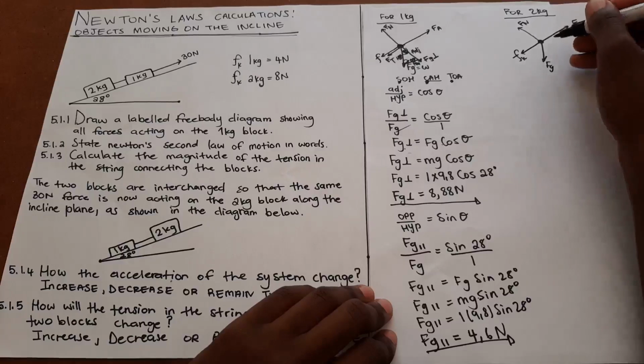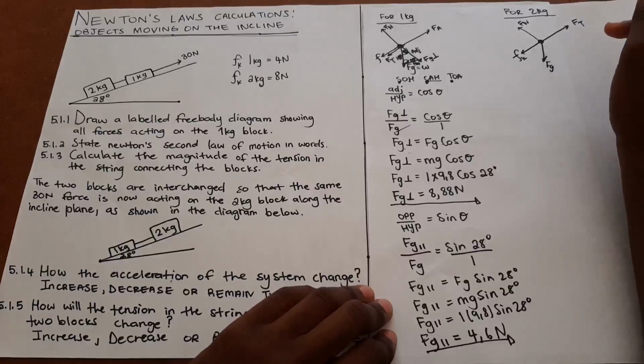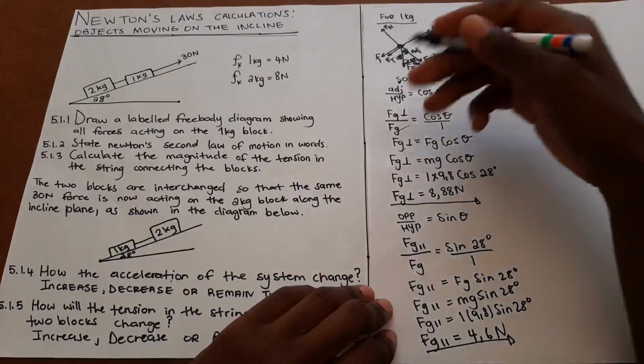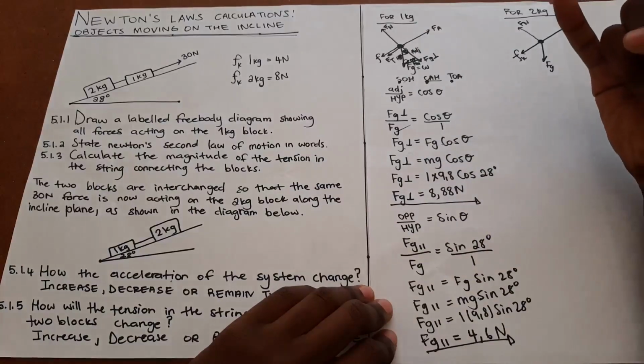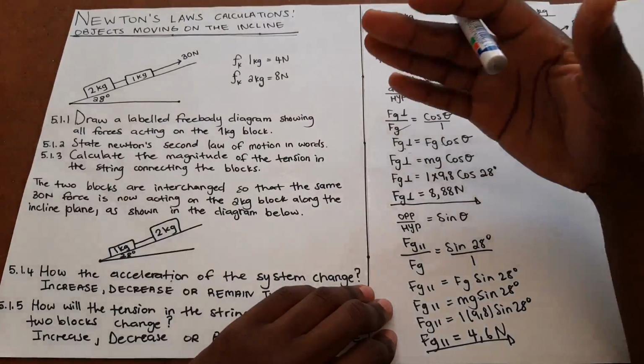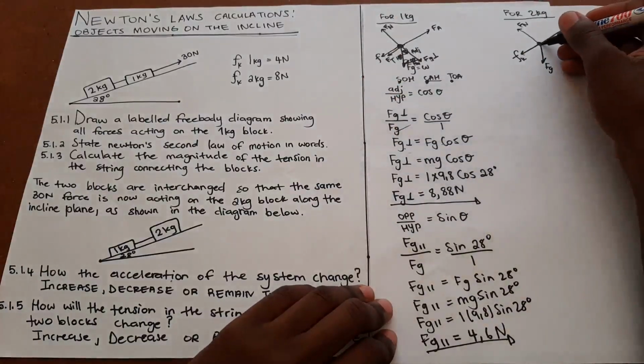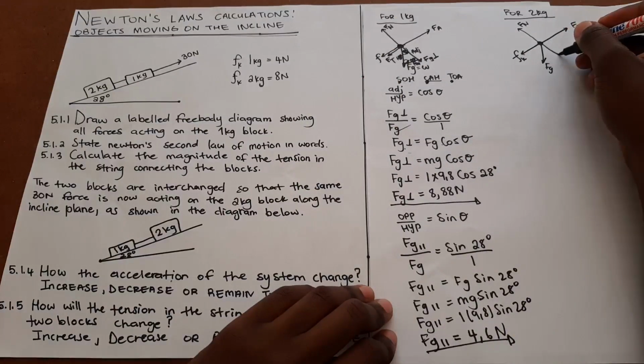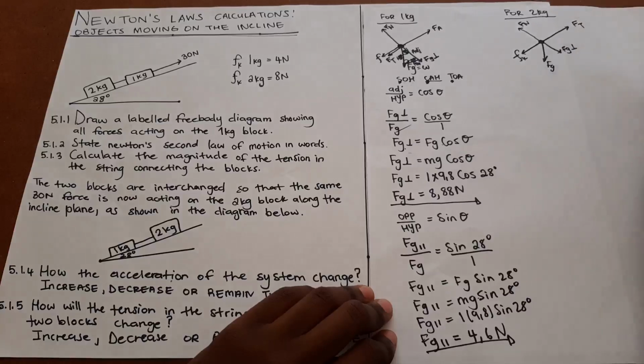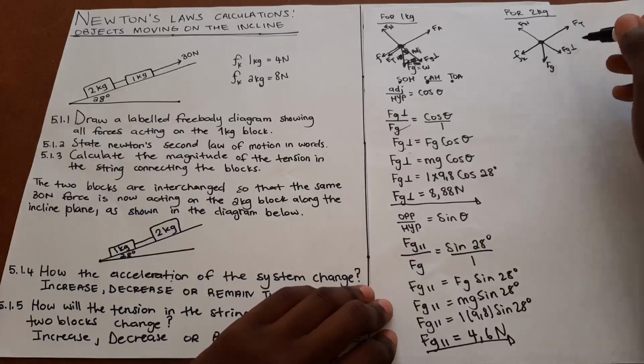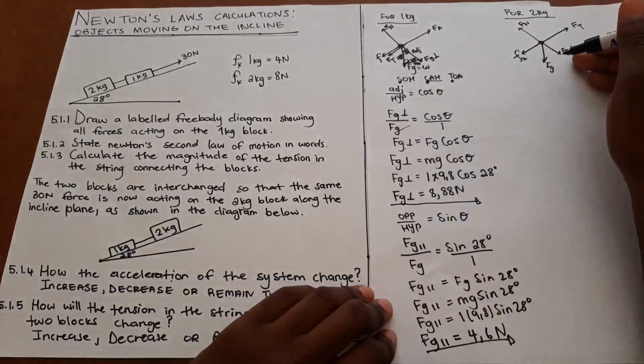So now we're going to look for what? The perpendicular component and the parallel component acting on that 2 kg block. This is the perpendicular component of the gravitational force acting on the object.